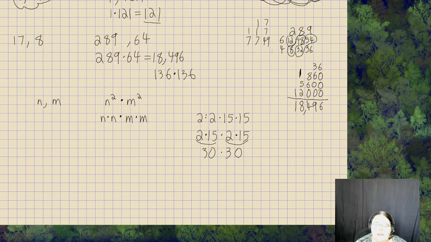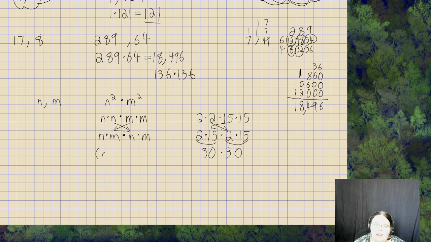Well, this didn't only work because it was 2 and 15. Any pair of numbers, if you're multiplying them, you can multiply in whatever order is convenient. So we can interchange n and m here. So we would have n times m, copying over the rest of the problem around it, times n times m.